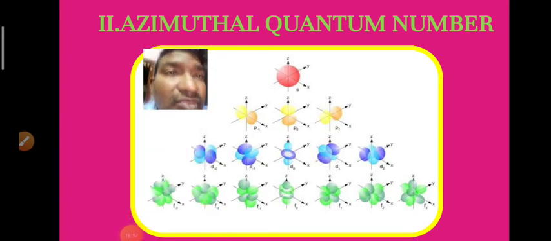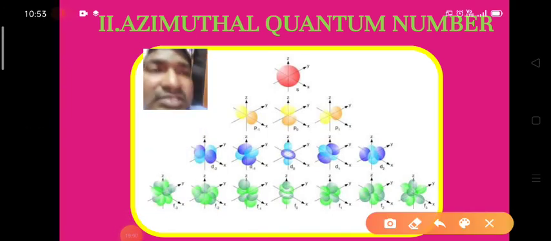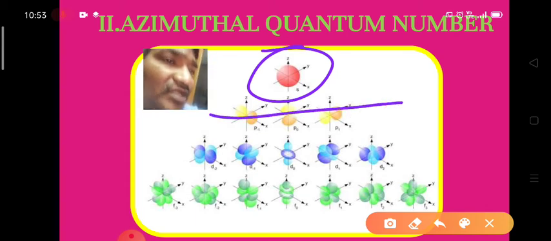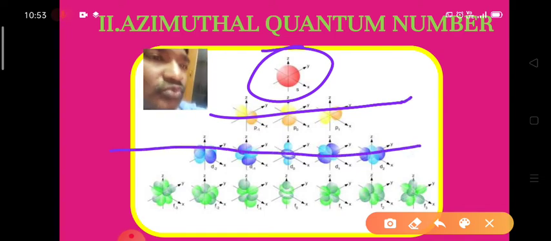So here this is the s orbital. The l value is 0 only, so only one orbital. For the p orbital, l is equal to 1, and we have px, py and pz. And when l is equal to 2, that indicates the d orbital. Here we have 5 types of d orbitals: dxy, dxz, dyz, dx square minus y square and dz square.